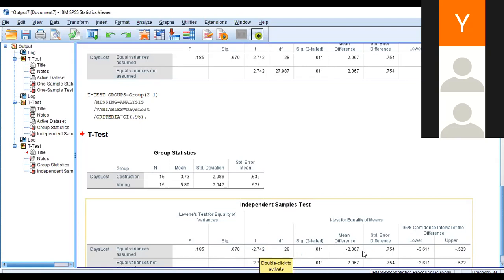I will remove the minus. For the confidence interval, I will swap it. This one is from minus 3.6 to minus 0.5, so I will say the lower will be 0.5 and the upper will be 3.6. Does it make sense? That's where you can confuse yourself under the confidence interval.